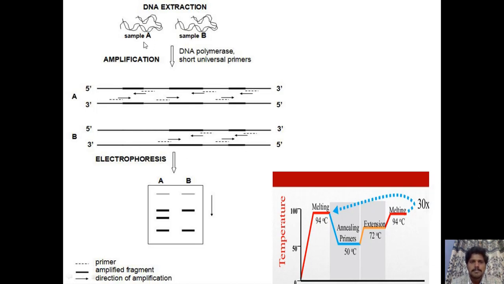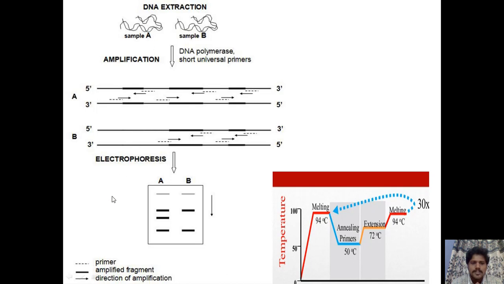So we have two samples, sample A and sample B. We have used DNA polymerase and short universal primers, and allowed PCR to amplify. The amplification products are subjected to gel electrophoresis, and we get this kind of banding pattern.